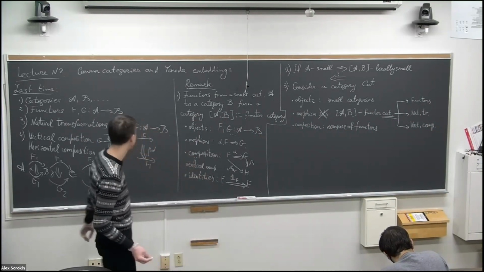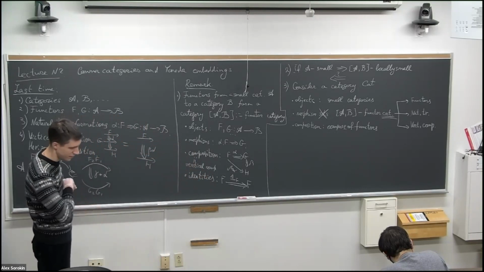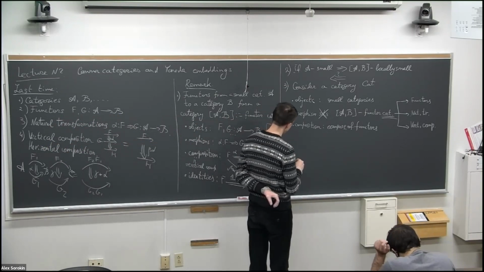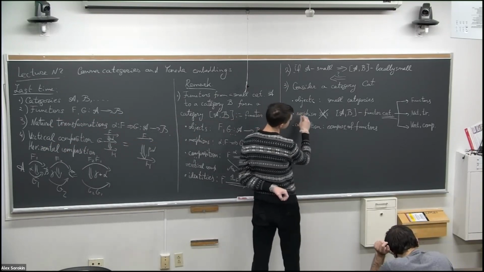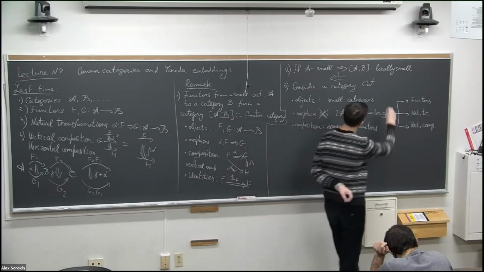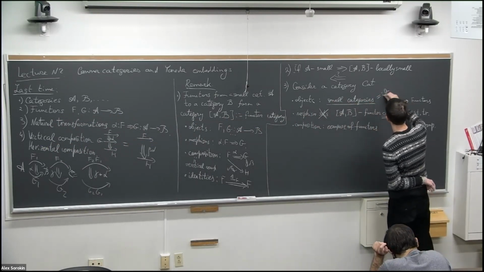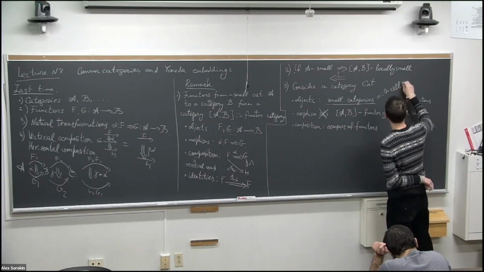Okay, then let's call our objects, who are small categories, 0 cells.